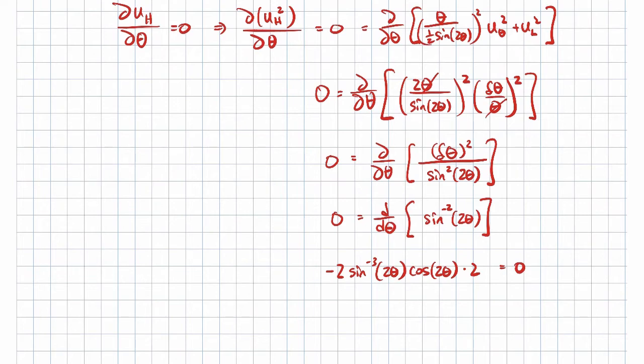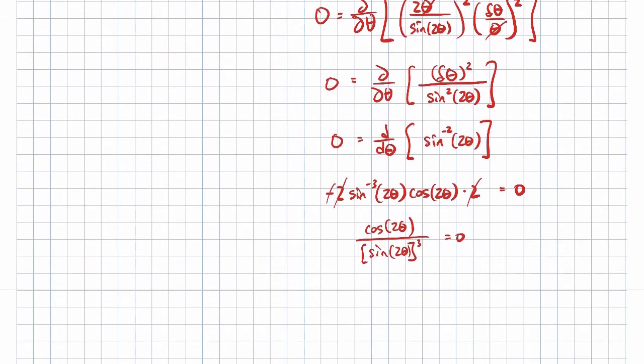Well, the 2 and the minus and this 2, those can all be divided out. So what I'm left with then is cosine of 2 theta all over sine of 2 theta, the whole thing cubed, equal to 0.